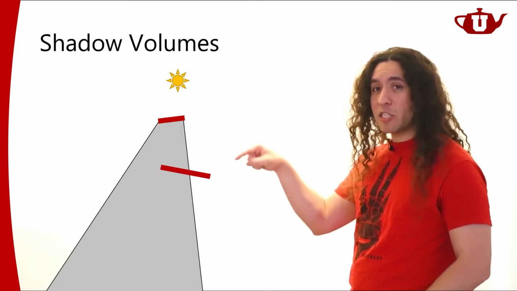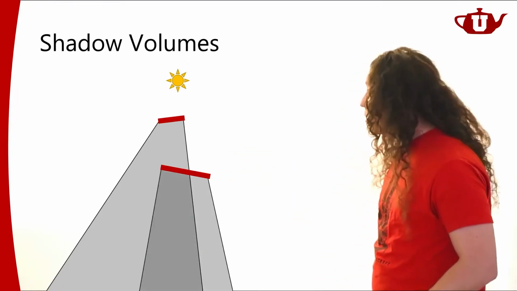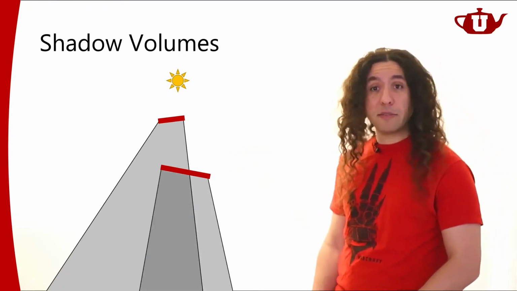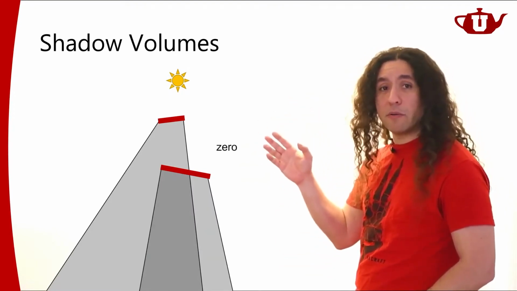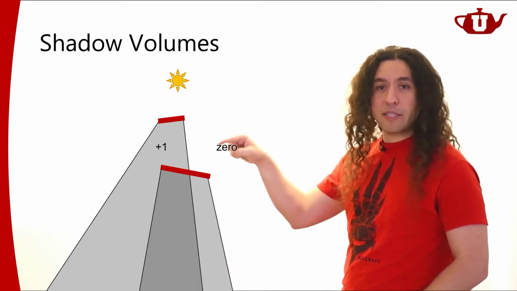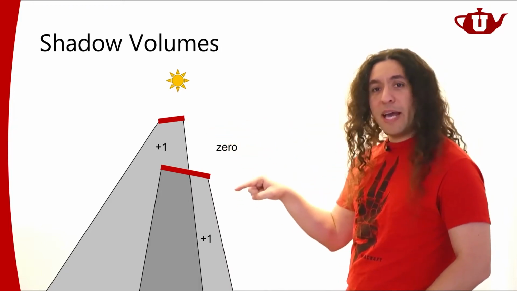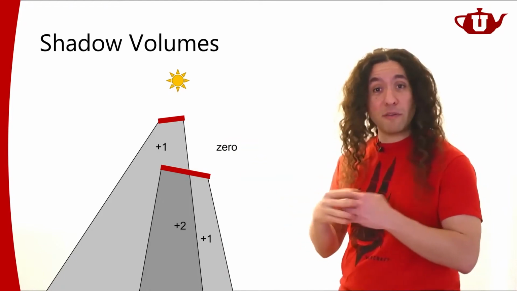If that is the case, the shadow volume of this object will be intersecting with the shadow volume of the other object, right? So if I say there's no shadow outside, let's call it 0, I'm going to have a shadow +1 in this shadow volume. There's another shadow volume here. And then in the intersection, I have two shadow volumes. Now, two shadow volumes are intersecting.